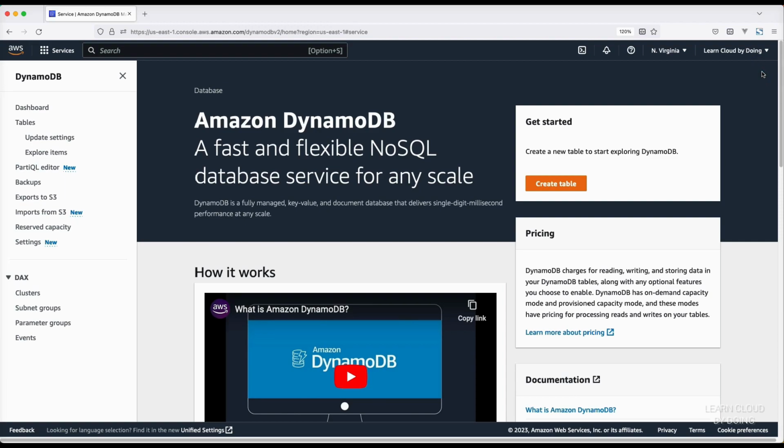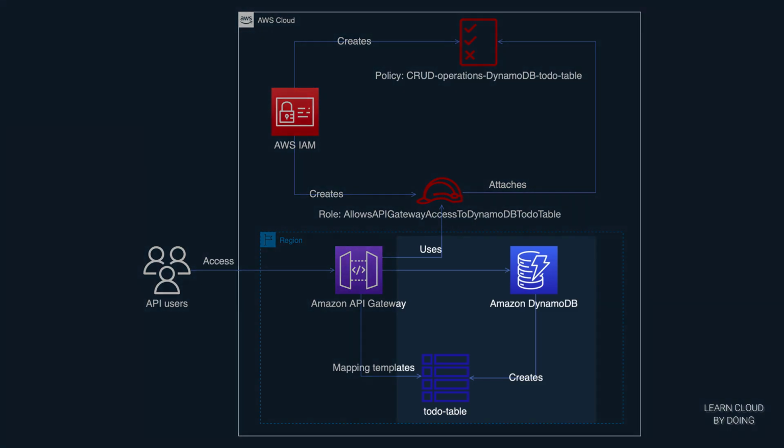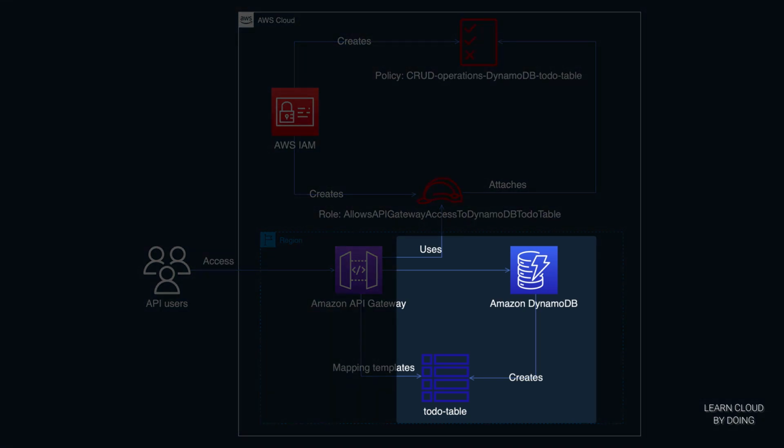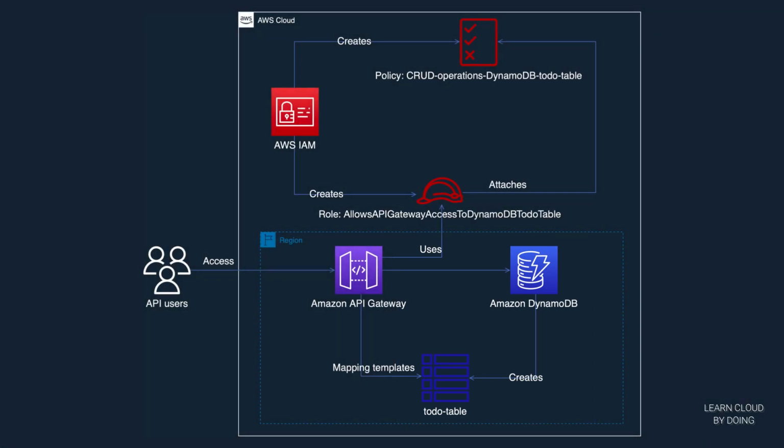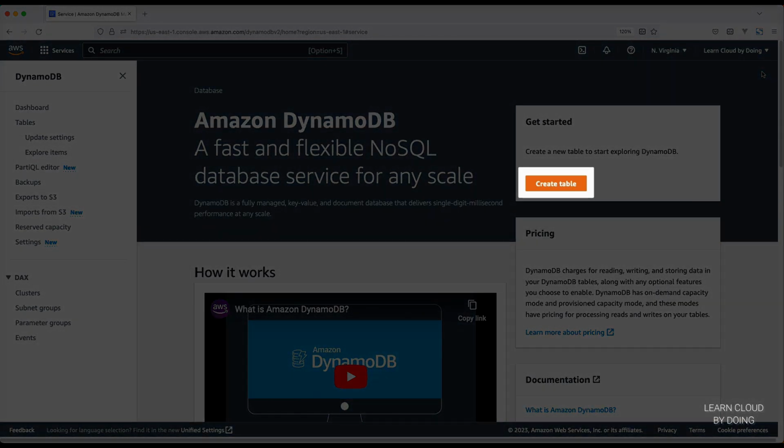Next, create an Amazon DynamoDB table. DynamoDB is a fast and scalable NoSQL database. A DynamoDB table is where your data is saved. To create a DynamoDB table, open the DynamoDB console.